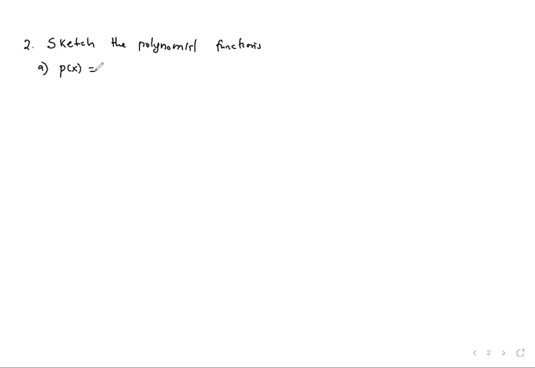P of x is equal to x power 3 plus 2x squared minus 1. Okay, so sketch this polynomial.